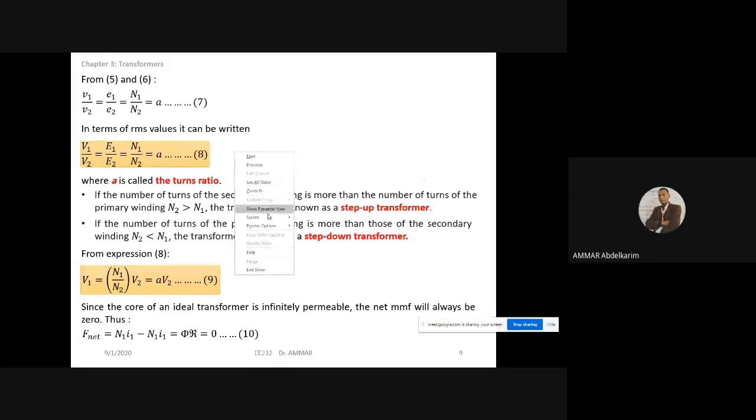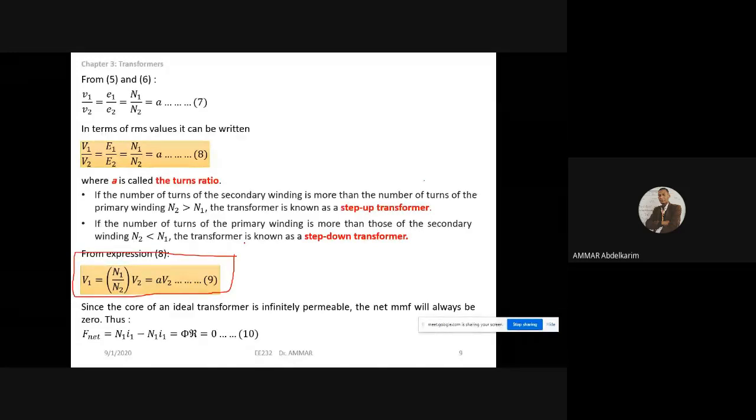So this is concerning the turns ratio, and why we study the turns ratio in the case of an ideal transformer: to avoid those voltage drops. If we have only V1 and V2, we neglect the voltage drops of R1 and R2.